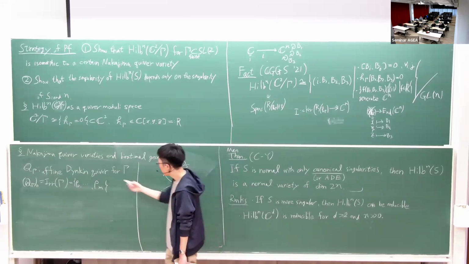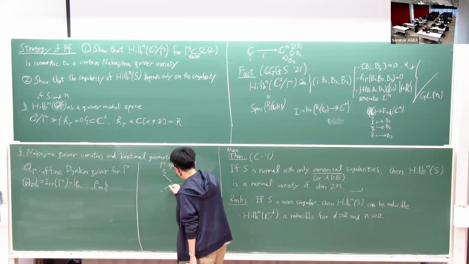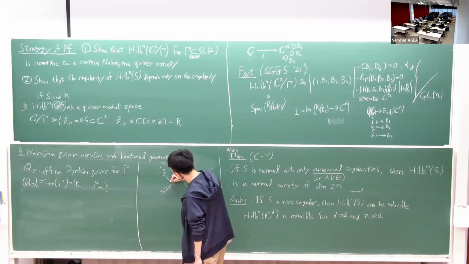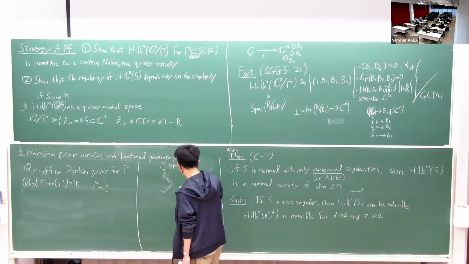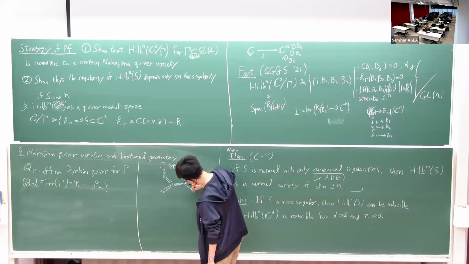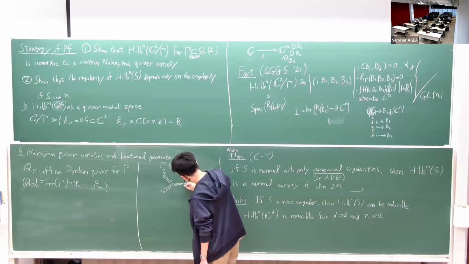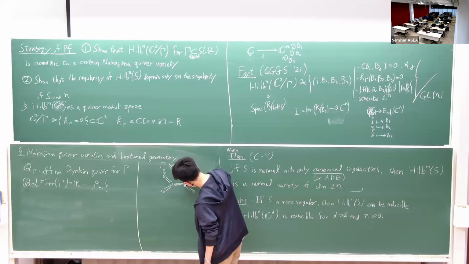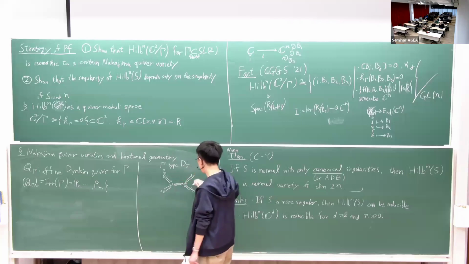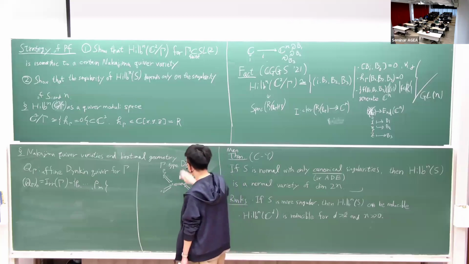And to get this quiver, we introduce two arrows for each edge of the Dynkin diagram in the opposite directions, like this. So this is the affine Dynkin quiver for type D5.